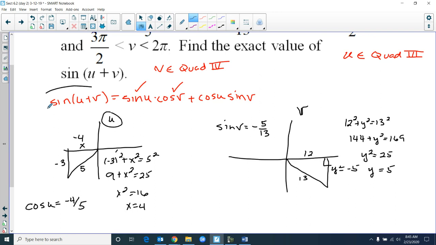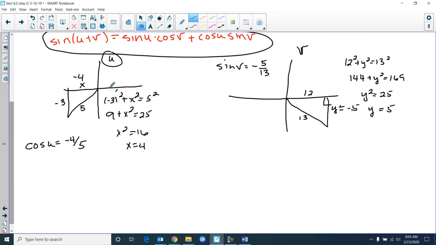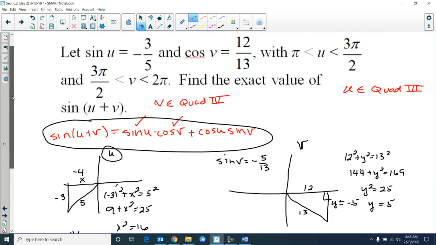Now we can go back and figure this out. Sine of u plus v equals the sine of u times the cosine of v plus the cosine of u times the sine of v. The sine of u from up above is negative 3/5.